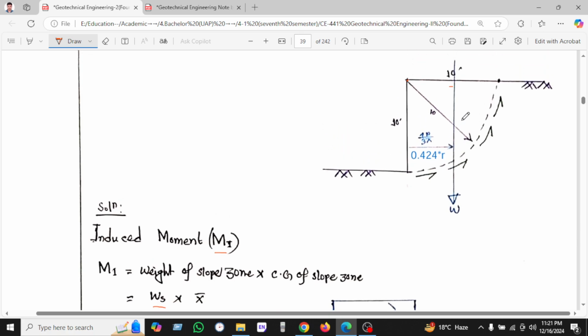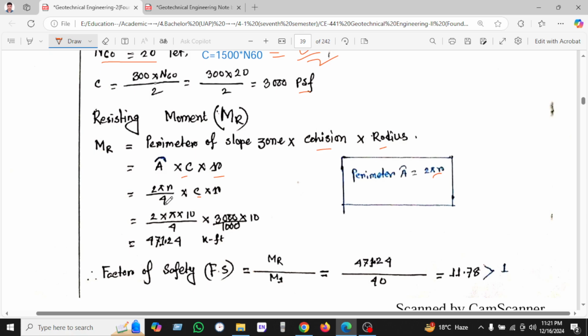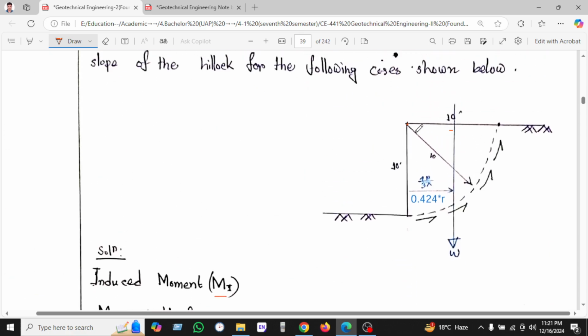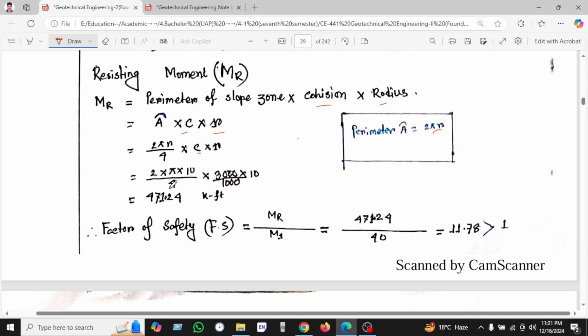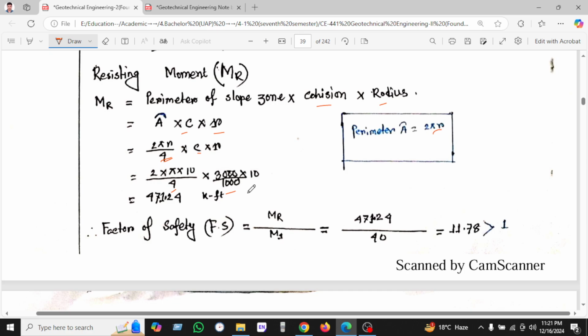This is a quarter circle, so that's why we divide by 4, and putting the value of C, which is given in PSF, we convert to KSF, that's why we multiply by 1000, and R is 10, and found 17.24 cubic feet.